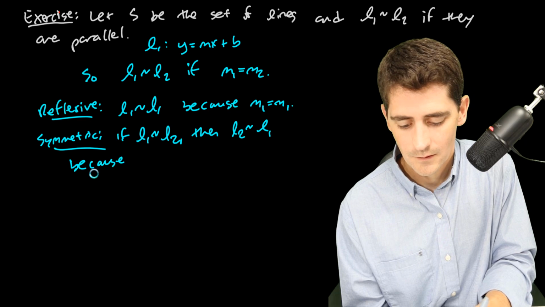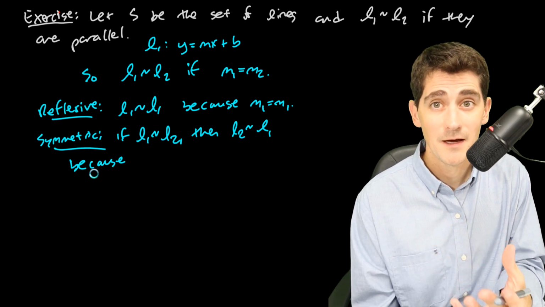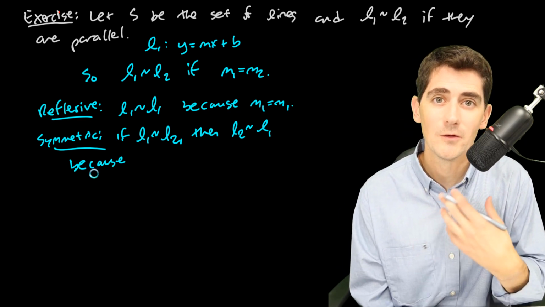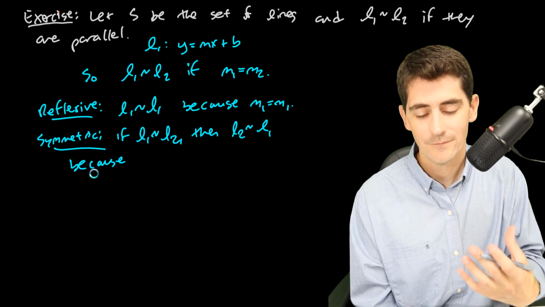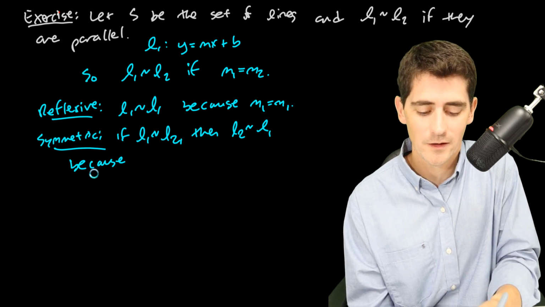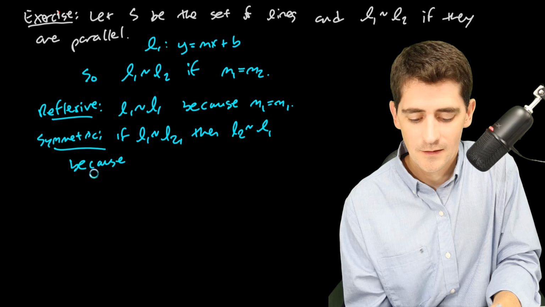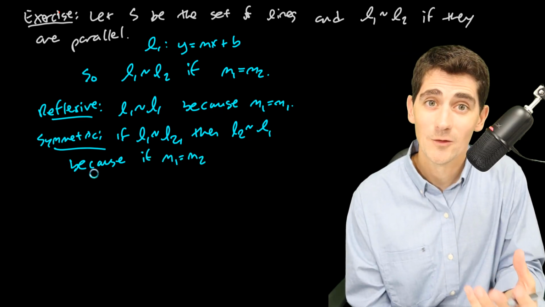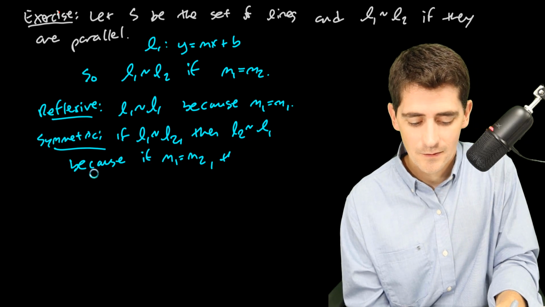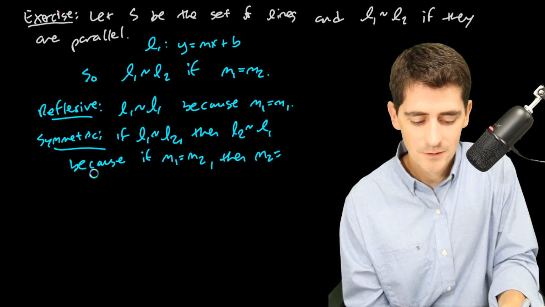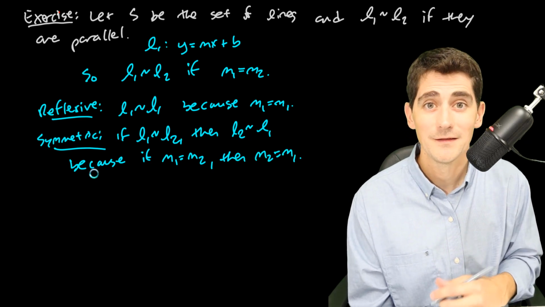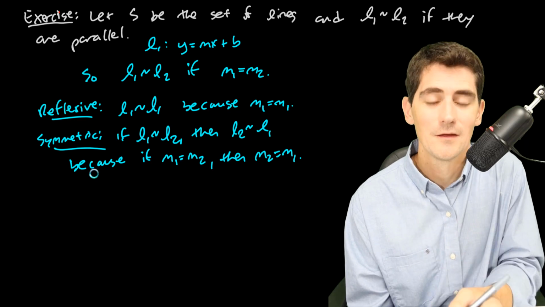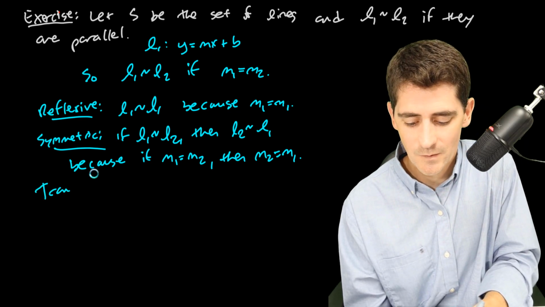I'm giving a mathematical explanation for this, even though intuitively we can probably visualize why this would work. If m1 equals m2, which is what we get when we say L1 squiggles L2, then m2 equals m1. Okay, so symmetric.